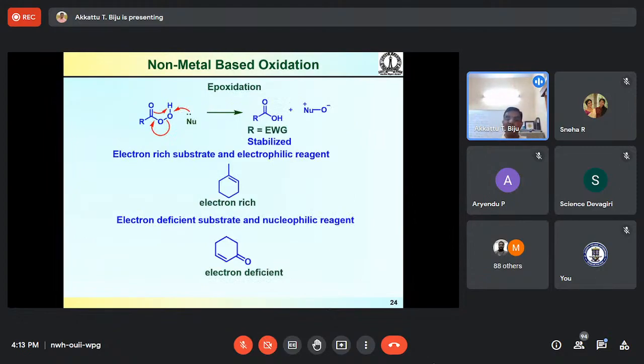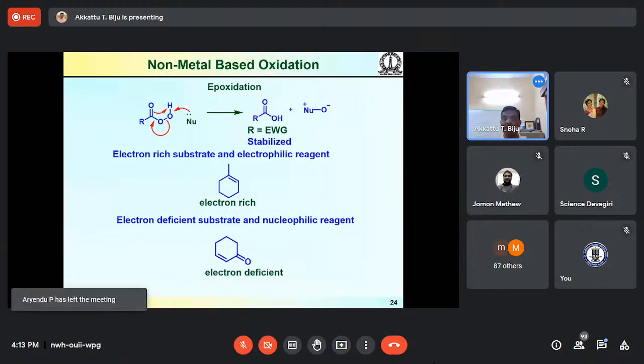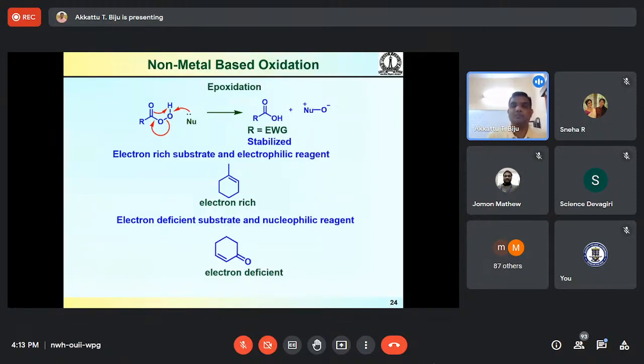Good. So that brings me to the last topic of oxidation for today, the metal-free oxidation reactions. The last topic for discussion is the epoxidation reaction. The epoxidation reaction is also one of the most well-known reactions for introducing a carbon-oxygen bond, converting a carbon-carbon double bond using mainly a peracid containing system.